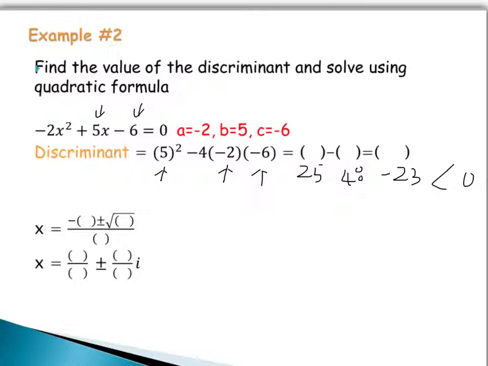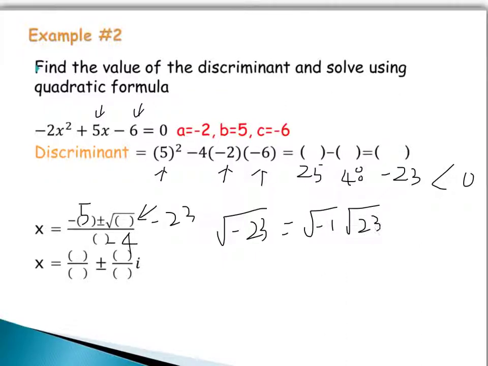So your solution set equals negative b, which is negative 5, plus minus the square root of negative 23 all over 2 times a, which is negative 4. Think about this number, the square root of negative 23. That is the same as the square root of negative 1 times the square root of 23.